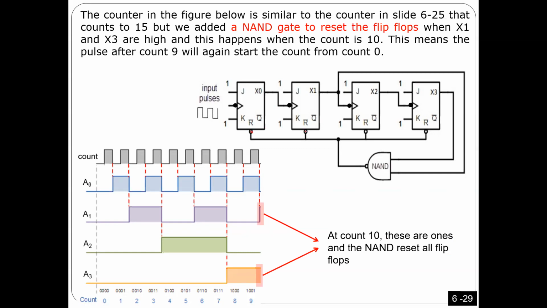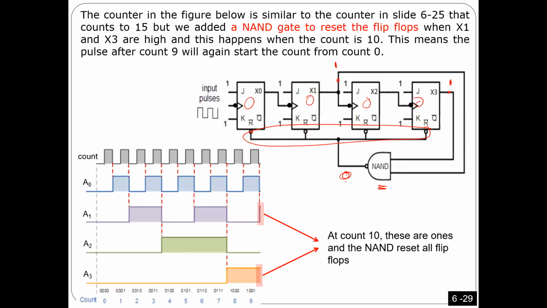I'm going to connect all the resets together to a NAND, and this NAND is connected to here and here. So if this one is 1 and this one is 1, the output of the NAND becomes 0, and once it is 0, I'm going to reset all of them. And these become 1 and 1 when the number is 10.